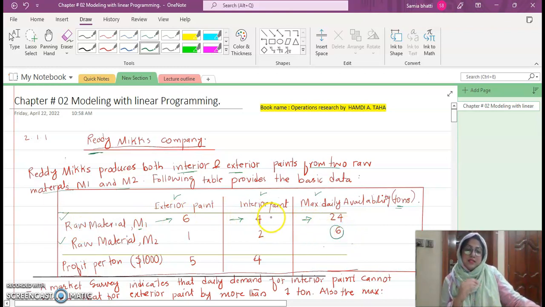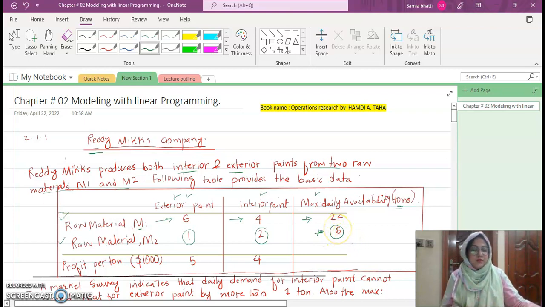Total availability is 6 tons. Now whatever we are going to produce, we have to produce within that limit. Raw material 2 is needed by exterior paint production at 1 ton, and 2 tons are needed for the interior paint. So the maximum daily availability that we have is 6.